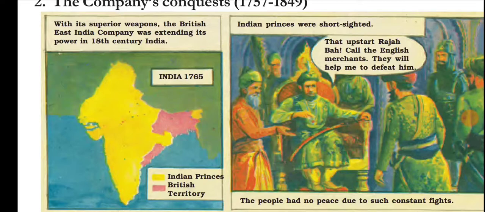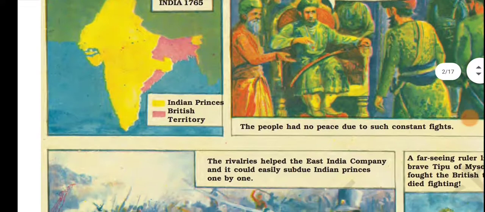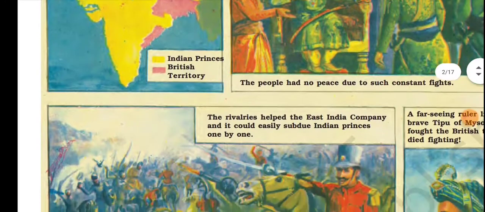"That upstart Raja! I will call the English merchants, they will help me to defeat him." You can see the picture where the king is giving orders that he would take the help of the English merchants and they will help him defeat the other king. That means the people had no peace due to such constant fights.